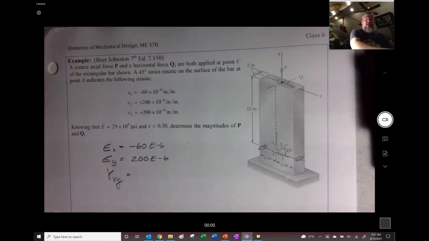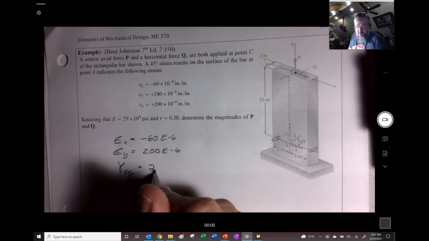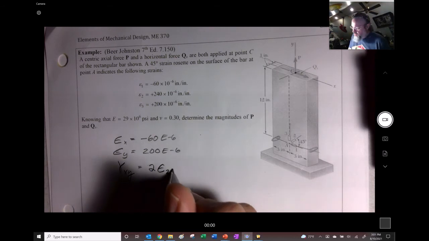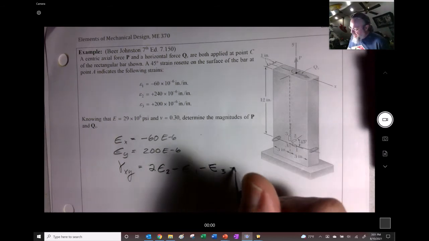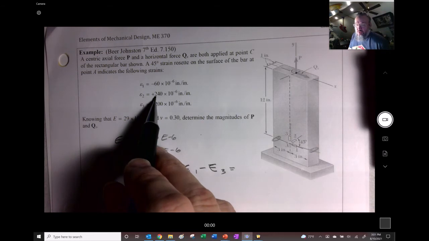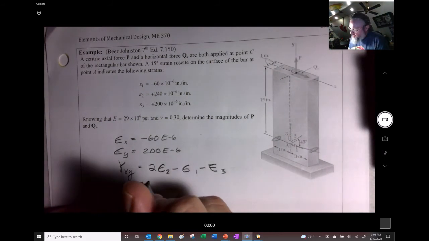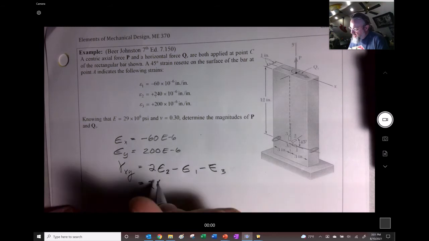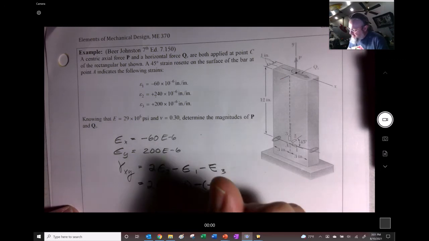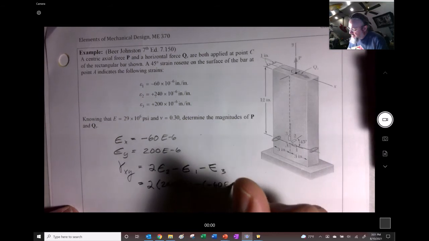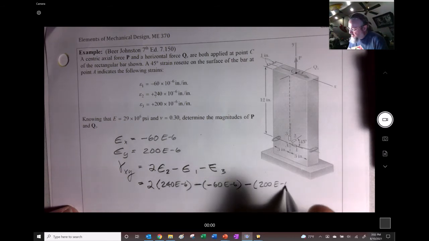So we can go back and do the rederivation of the thing, but we already know that it's going to be 2 times epsilon 2 minus epsilon 1 minus epsilon 3, and that's going to be equal to, I've got to write out the work, I was looking at the solution manual, 2 times my 240 e minus 6 minus my minus 60 e minus 6, and then minus my 200 e minus 6.